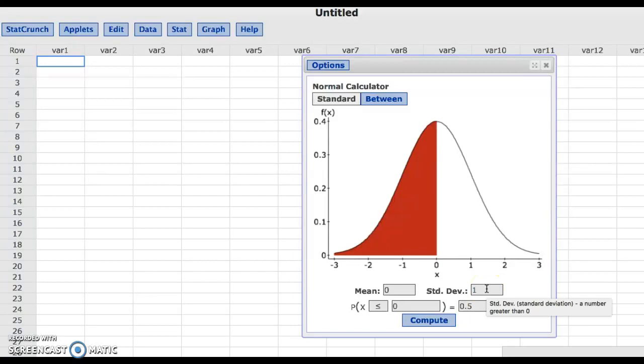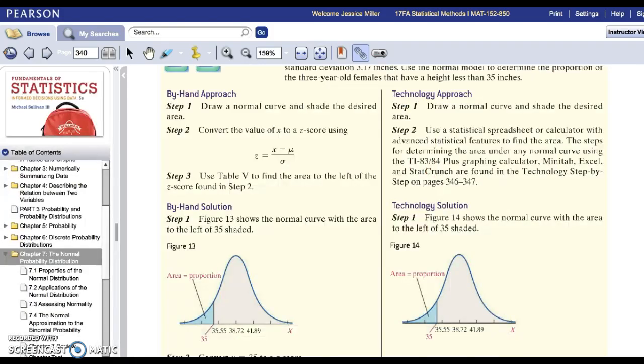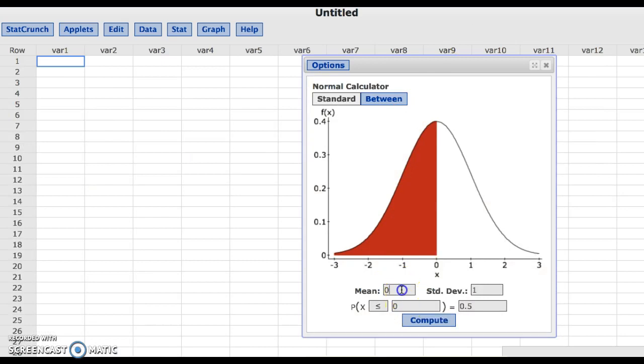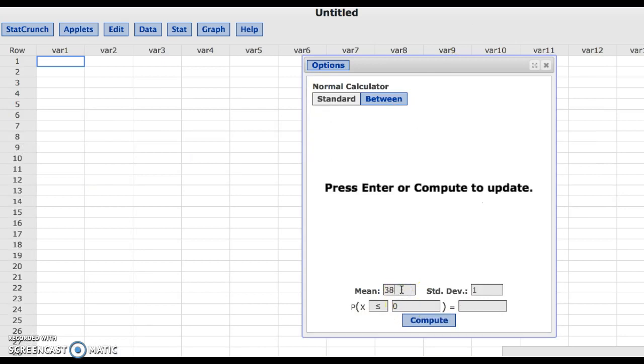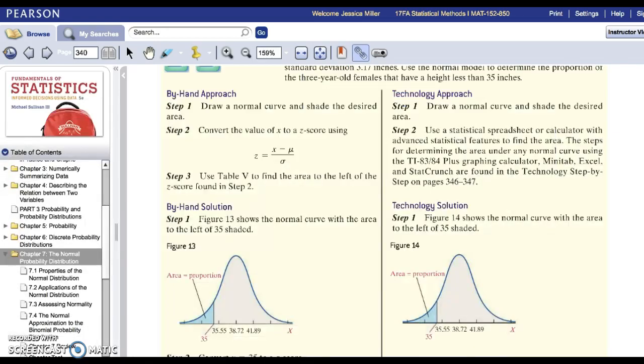If we want something else that's not dealing with z-scores, we have to input it. So for our book, we had a mean of 38.72. And then we had a standard deviation of 3.17.